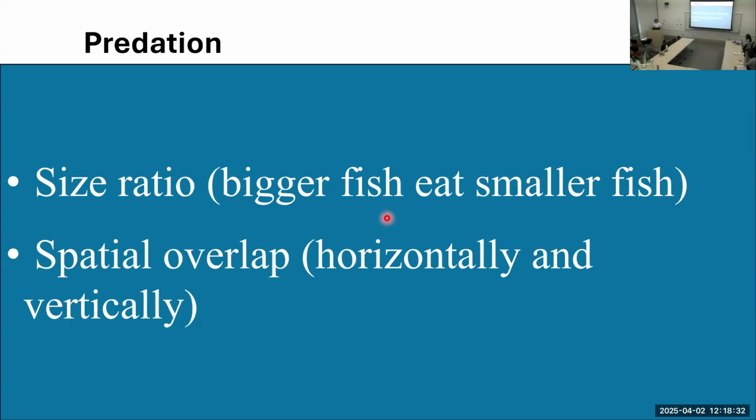First, the size ratios between the prey and the predator need to be reasonable. Usually, bigger fish eat smaller fish. And second, the prey and the predator should encounter each other at the same location. They need to overlap spatially, both horizontally and vertically. So the modeling of the predation process is very straightforward in the OSMOSE model, but also very important.